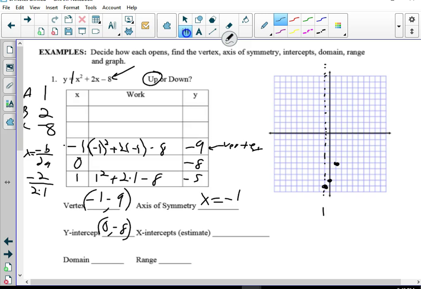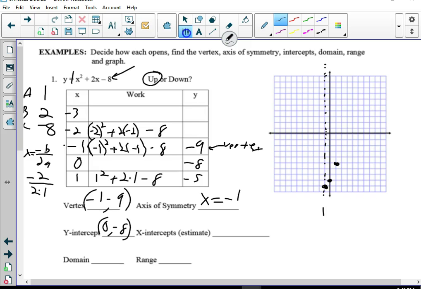Now let's go the other direction. Let's plug in negative 2 and negative 3. So, negative 2 squared plus 2 times negative 2 minus 8. You can do this on the calculator, but you do it in your head. What's negative 2 squared? 4.